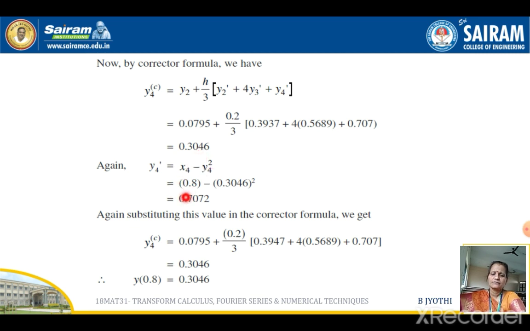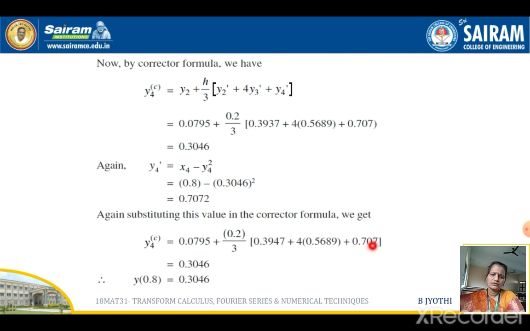That is y of 0.1 is given by 1.11. This is the first stage. Now we use this as the initial condition in order to compute y of 0.2. So in the stage 2, we consider x0 as 0.1 and y0 as 1.11.